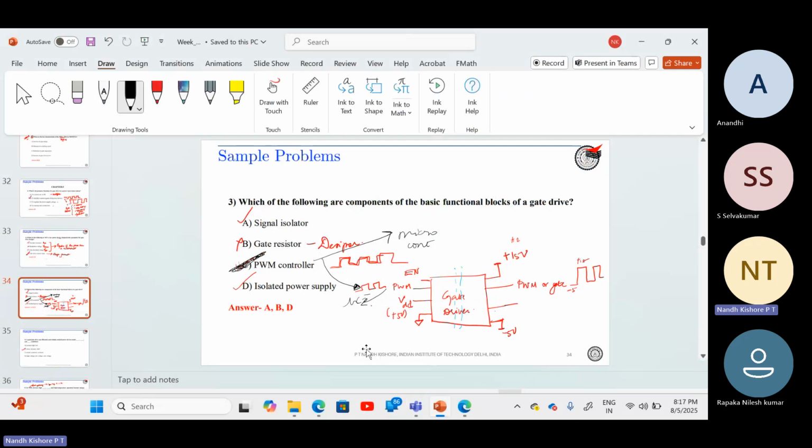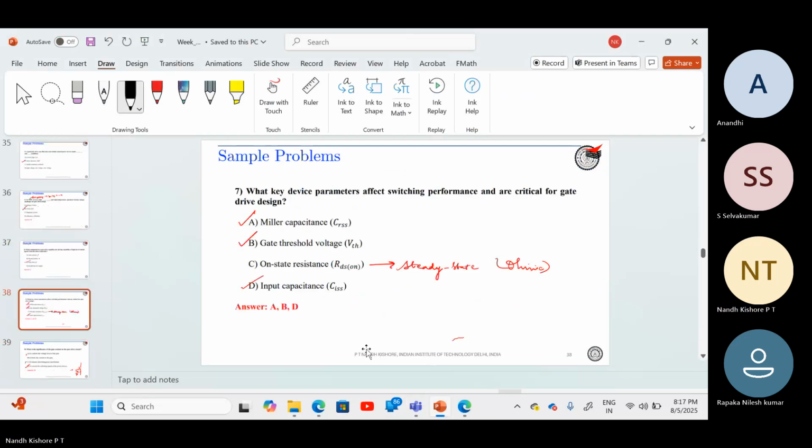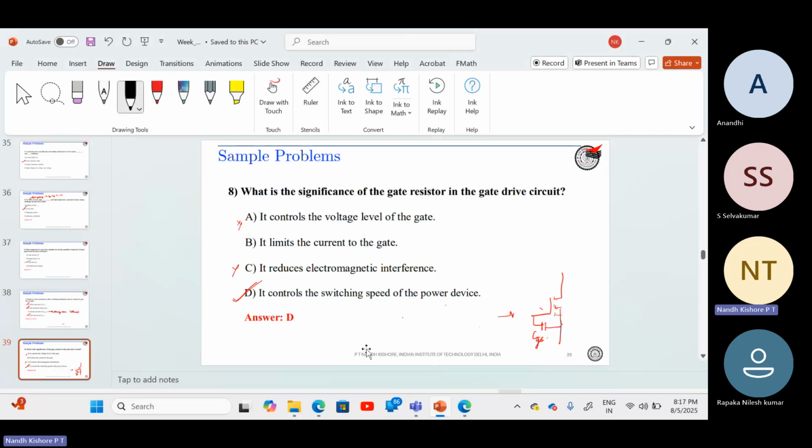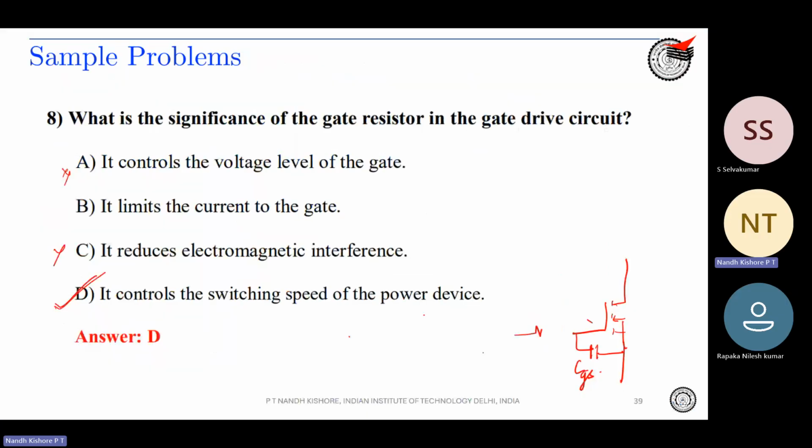In the question, are you talking about building the system? Sir, your voice is not clear. Gate resistor. Sir, your voice is breaking. I'm unable to listen to it clearly.